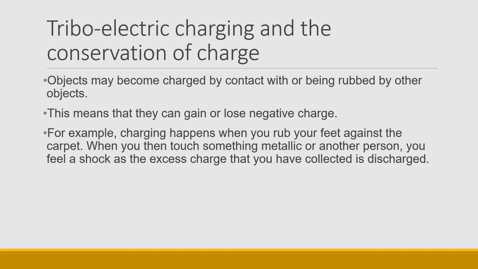Now, that means that your body becomes negatively charged because it has excess electrons on it. And so when you touch another person or when you touch a metallic door handle, you'll feel a shock because that excess charge that you've gained from the carpet is discharged, possibly through your finger or through your hand if you're touching another person or a metallic handle with your finger or with your hand.